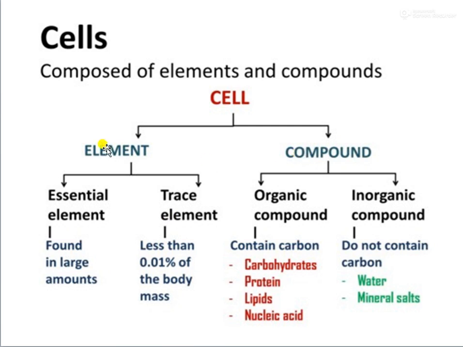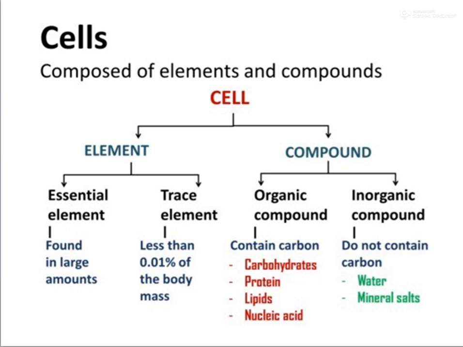The elements combine together, resulting in the formation of compounds, and the compounds can be divided again into organic and inorganic. Organic compounds contain the element carbon, and carbohydrates, proteins, lipids, and nucleic acids are examples. Inorganic compounds do not contain carbon, and water and mineral salts are some examples.